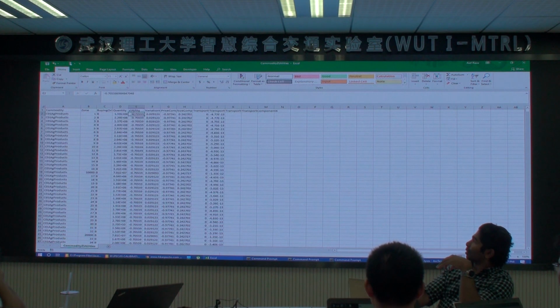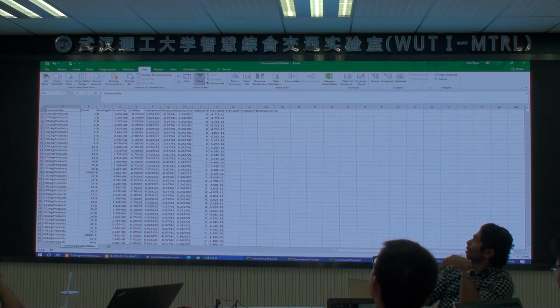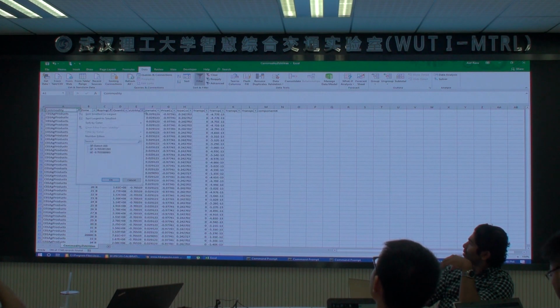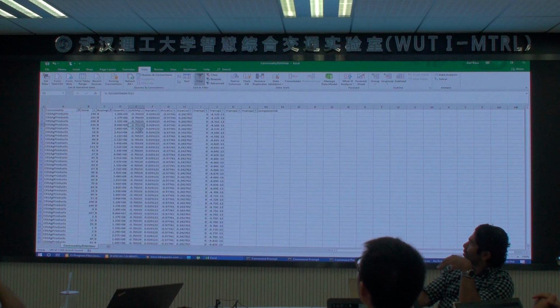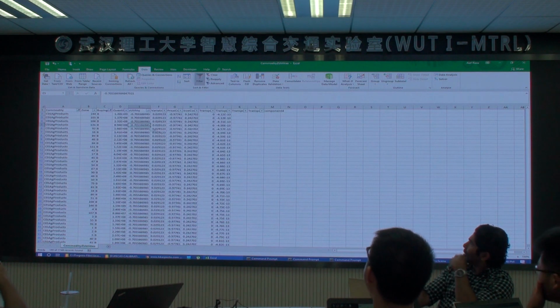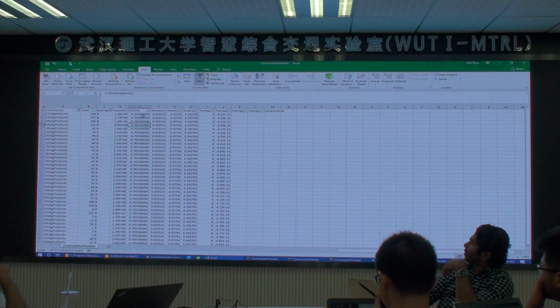But for example, let me fill in the agricultural products. The cost is the same, that's why the utilities are the same.